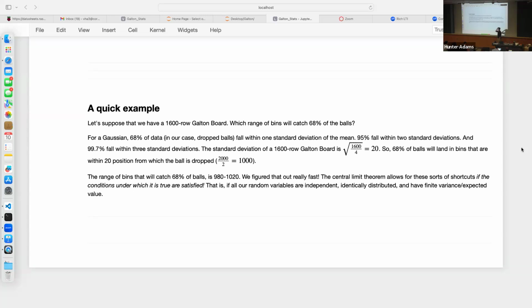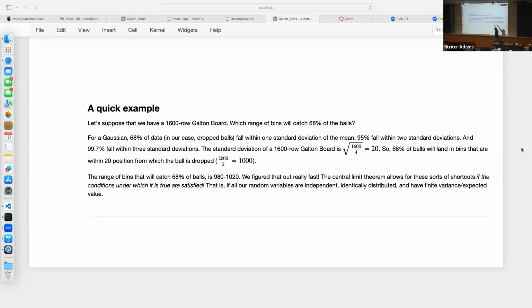Now, I've chosen 68% here because it's especially easy. You may remember that 68% of events is within one standard deviation of a Gaussian, right? So it makes this especially easy, okay? So 68% of our dropped balls fall within one standard deviation of the mean. And so we just came up with two equations that are functions of the number of rows that allow us to compute the mean and the standard deviation of this approximating Gaussian.